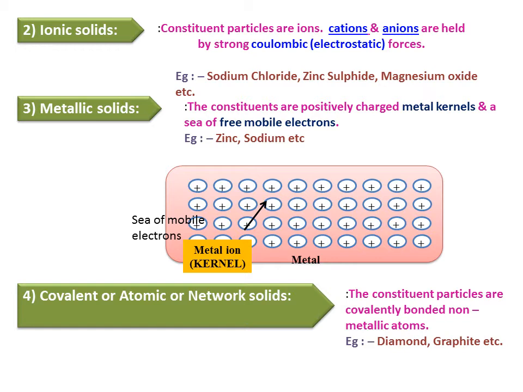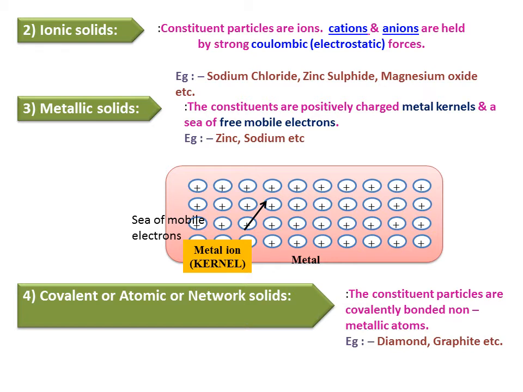Metal kernels are the atoms which have lost electrons in the respective metal. When a given atom in a metal loses electrons, the remaining part of the atom is called the metal kernel. There are n number of these metal kernels in the metal, and therefore n number of free mobile electrons. So a metal is formed of metal kernels and free mobile electrons. And what is the intermolecular force? It is the metallic bond.